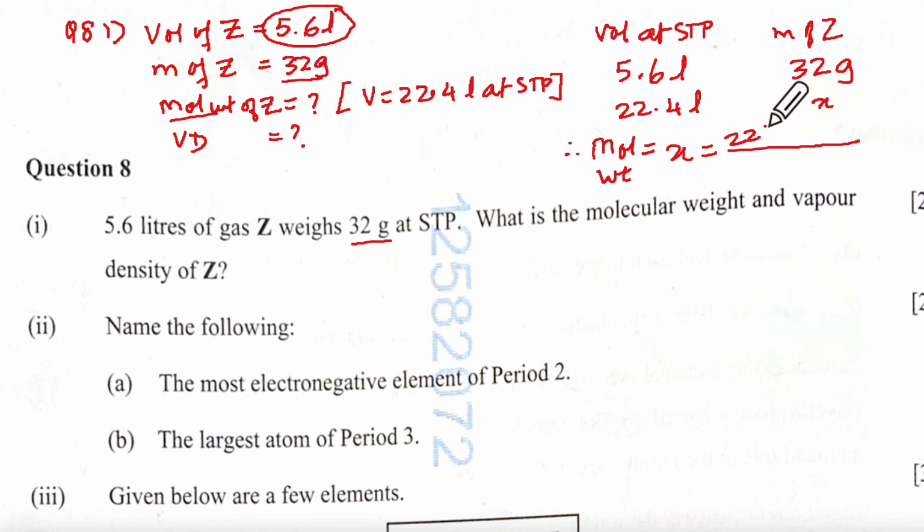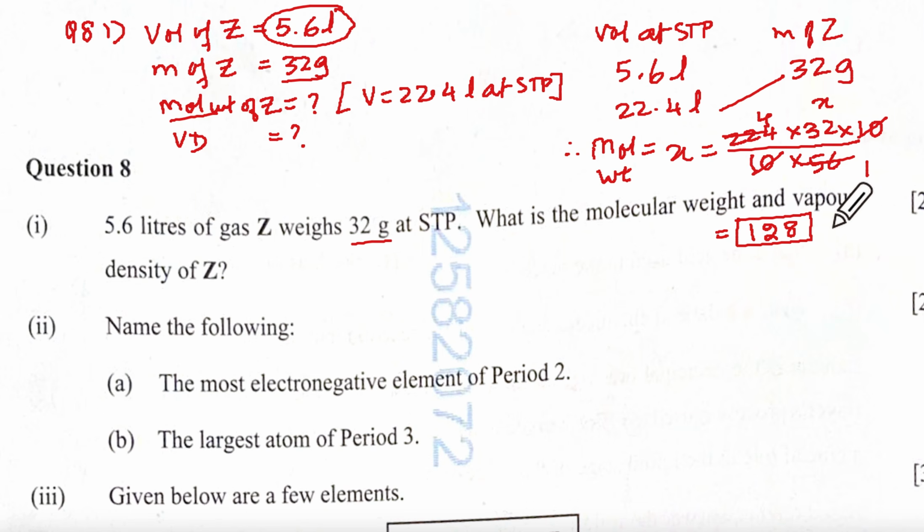I will take the numbers across, multiply and divide. So 56 ones and 4s. 4 2s 8, 4 3s 12. 128 is the molecular weight. So this is your answer 1.